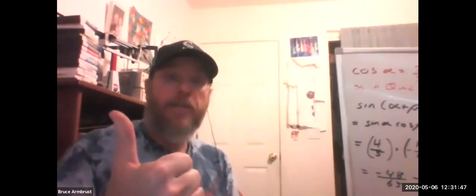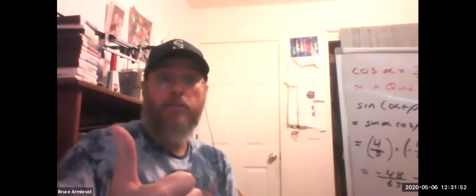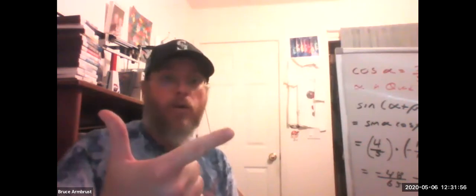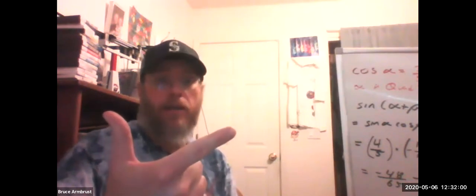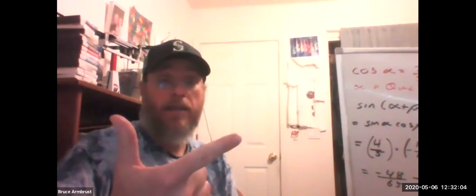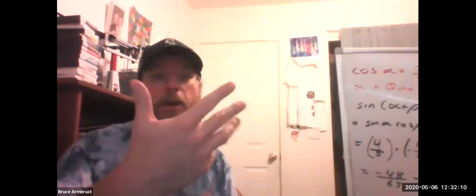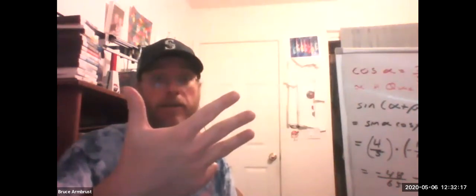That relationship is huge. Today, you saw how many times we were able to use it to simplify stuff down, right? The quotient identity, tangent is sine over cosine. We use that all over the place today. The even and odd relationships we used again today. The cofunction relationships, that good old pi over 2 minus alpha kind of deal, right?